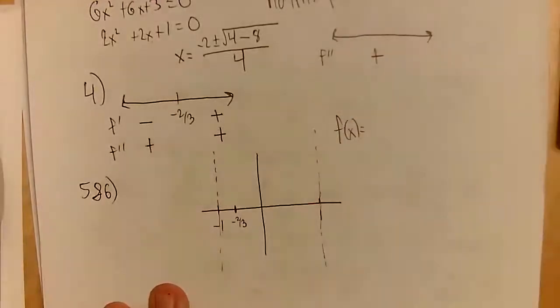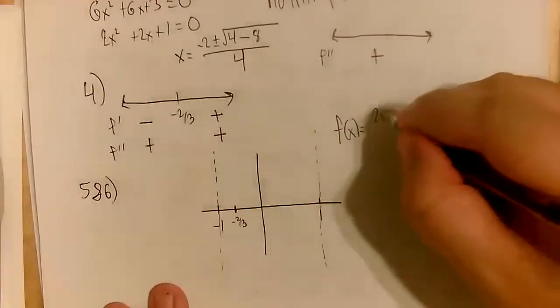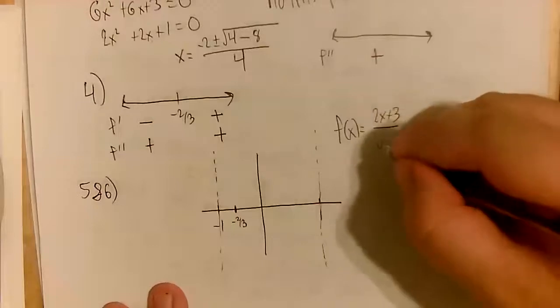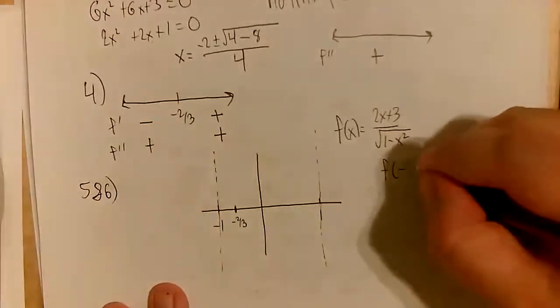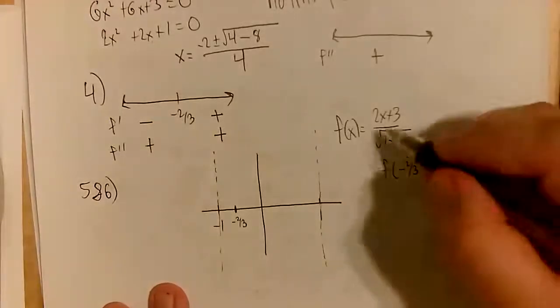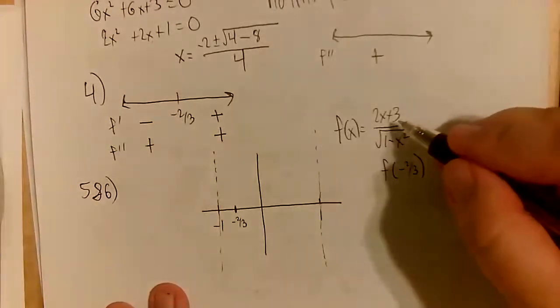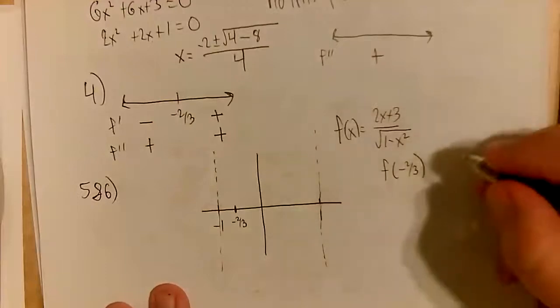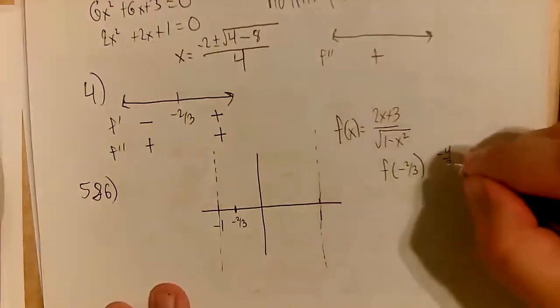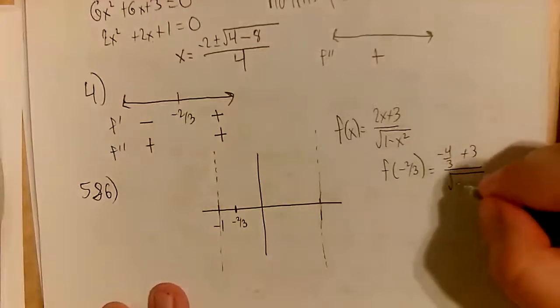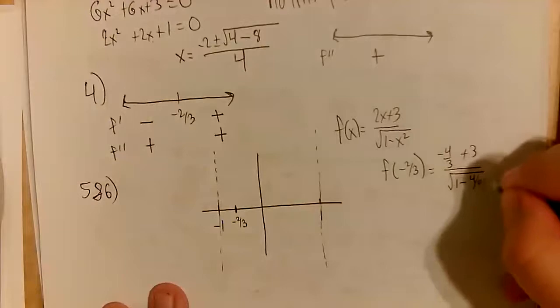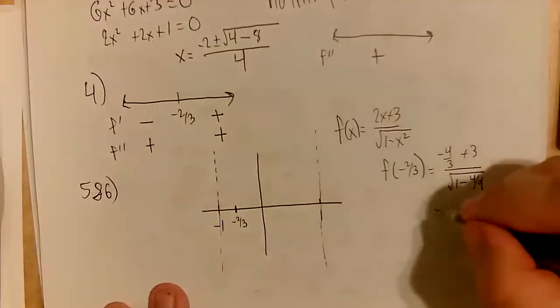Remember, the function that we're graphing is 2x plus 3 over the square root of 1 minus x squared. So if we want to see where this local minimum occurs, we plug in negative 2/3. So we end up getting negative 4/3 plus 3 over the square root of 1 minus 4/9.